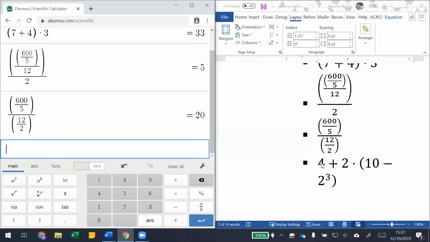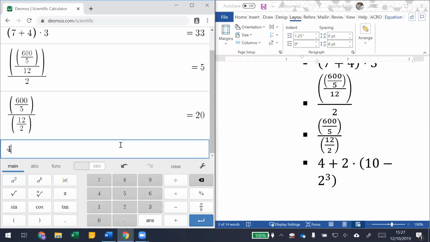This last one that we'll look at is just a bunch of stuff thrown together, right? But I know that first it's going to do the parentheses, and inside the parentheses it's going to do the exponent first. Then it will do this multiplication part, and then at the end it will do this addition part. So it's kind of going right to left, right?